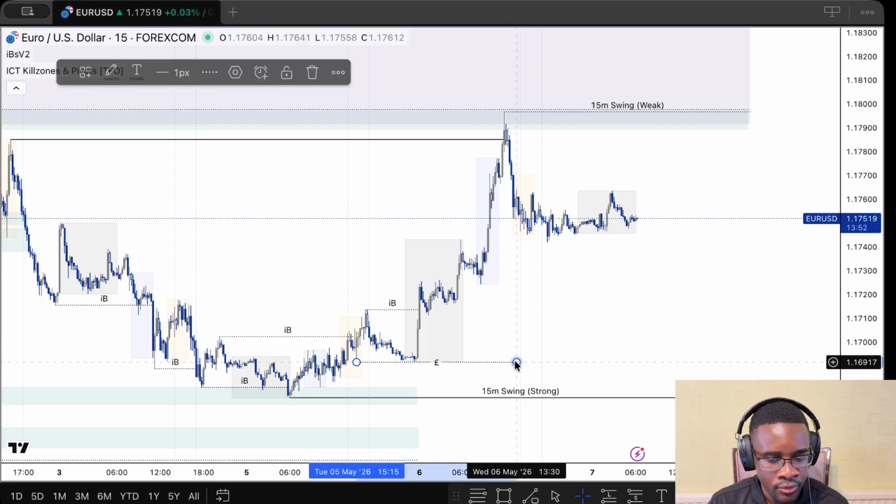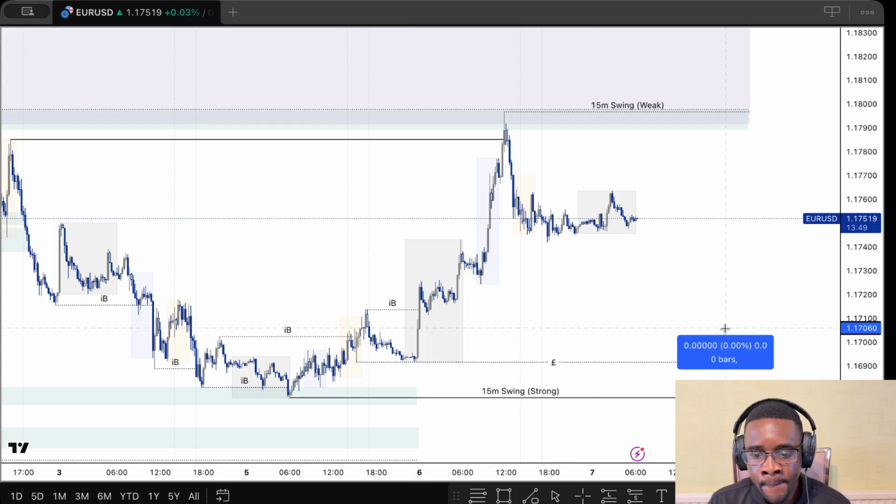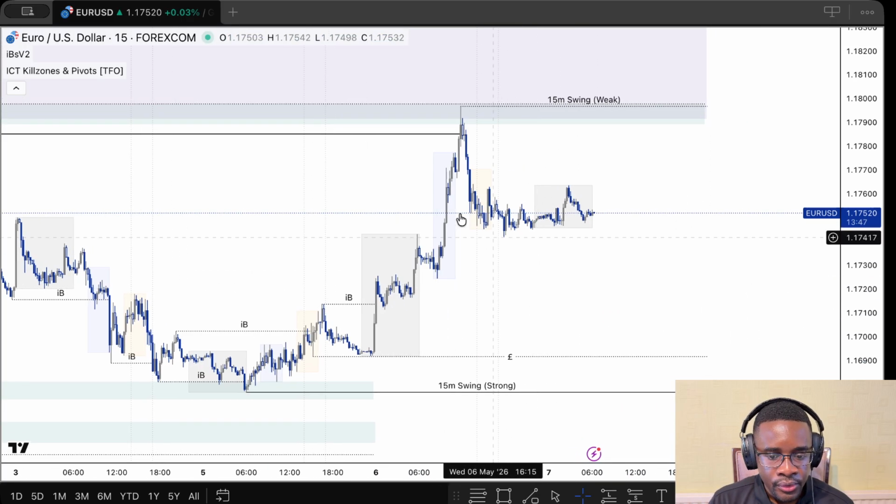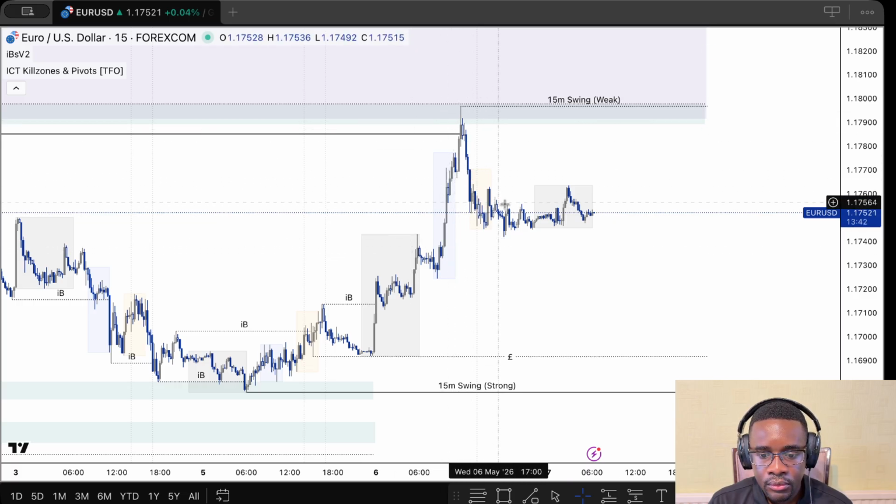We do have this relative equal lows. Right now price has been consolidating.